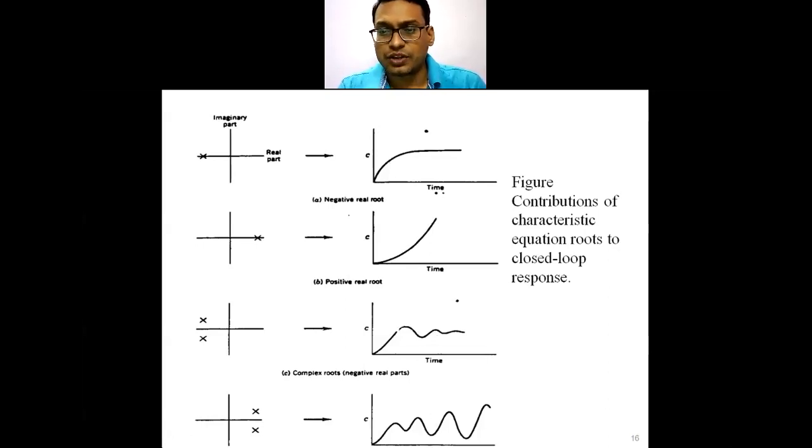Now in this case you can observe the output going unbounded, continuously increasing. In this case the output is sinusoidal, but it is dampening, the oscillations reduce. However, in this case the oscillations are becoming more and more, the amplitude of oscillation is increasing when the roots are on the positive side.